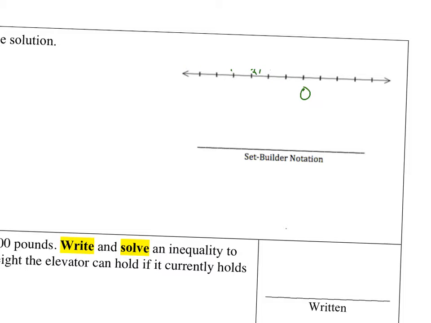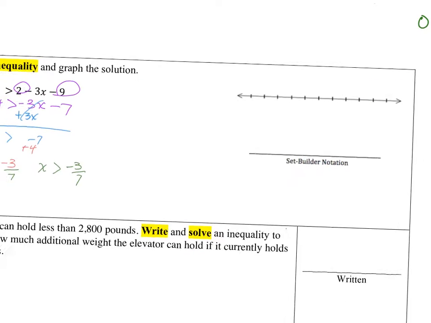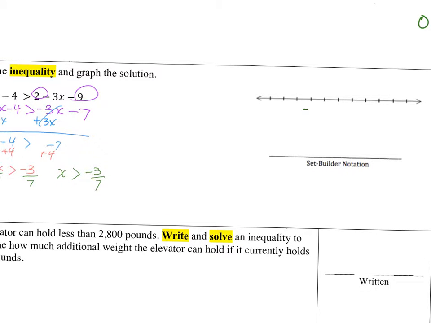I am not going to be a stickler on where you're putting your numbers, as long as you know that if that was negative 3/7, and this was 0, 3/7 would be equally distant from 0. You have to count by 3. It's an open circle. Greater than means it shades to the right. I just put it in a random spot.